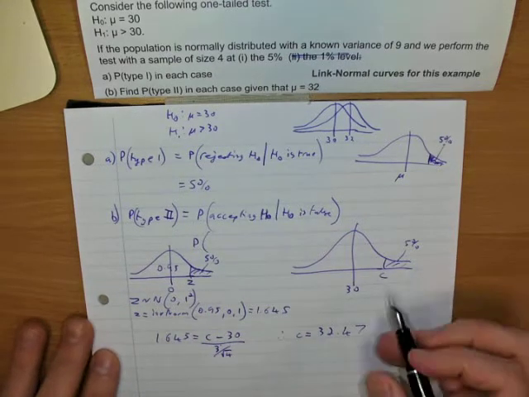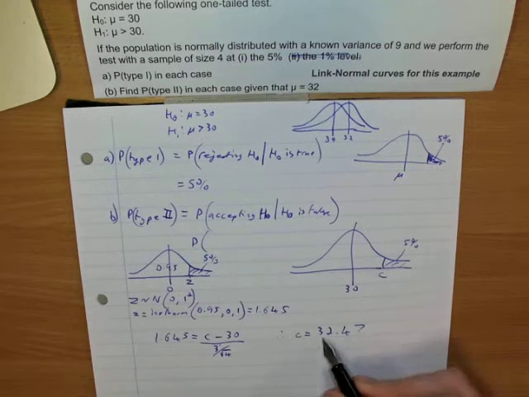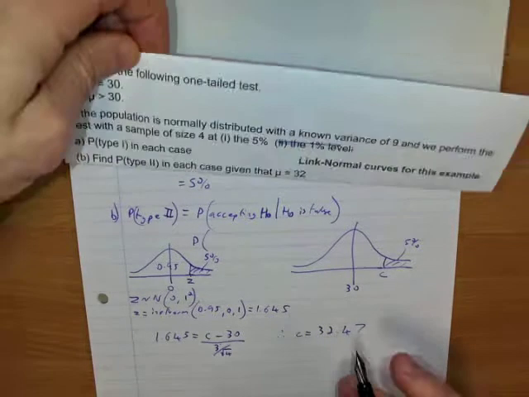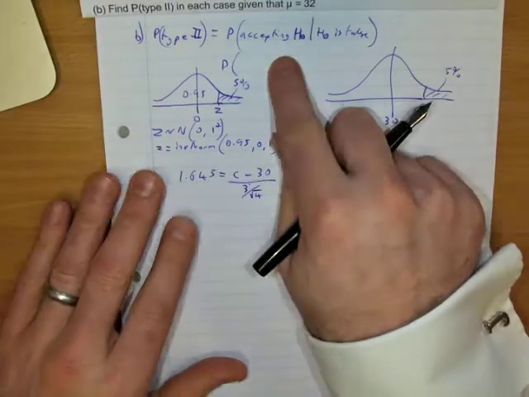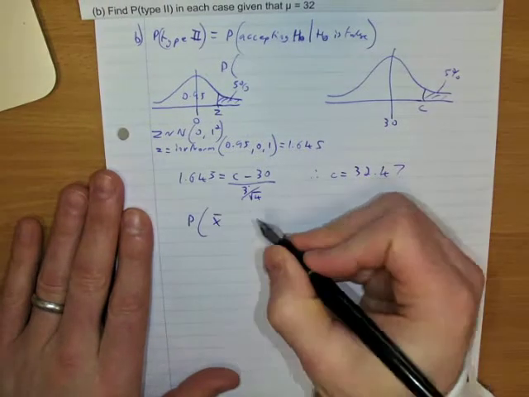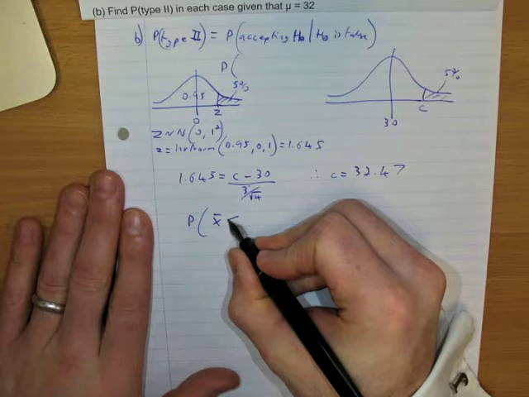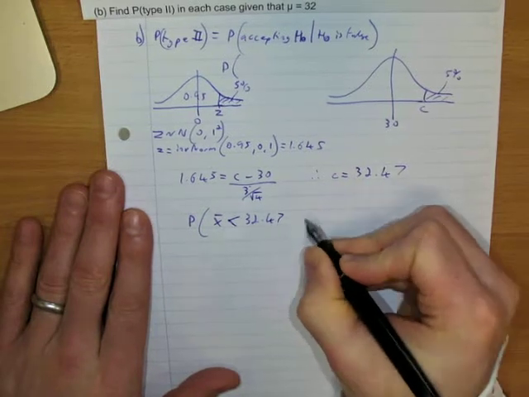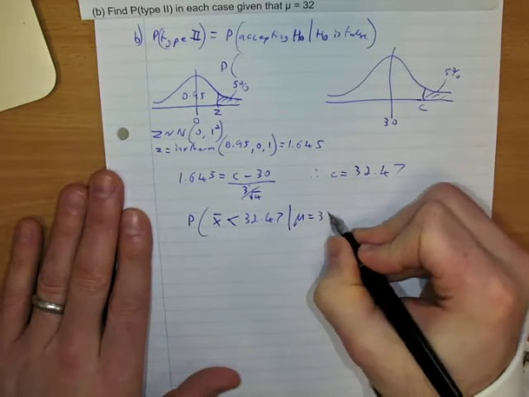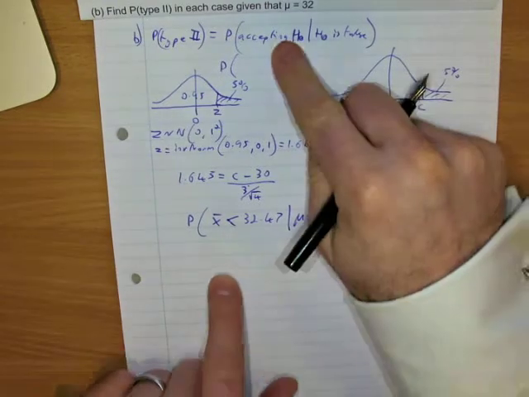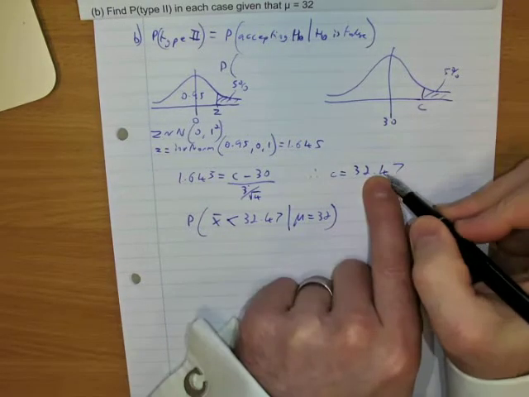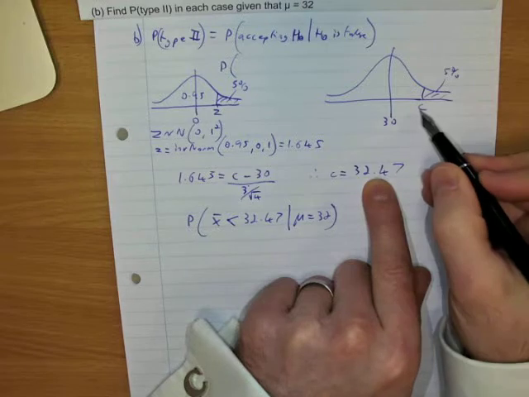So we're going to accept H0 if it's 32.47 or less. So putting that into here, it's the probability that X bar, our sample mean, is less than 32.47, given that, in this case, the mean is now 32.